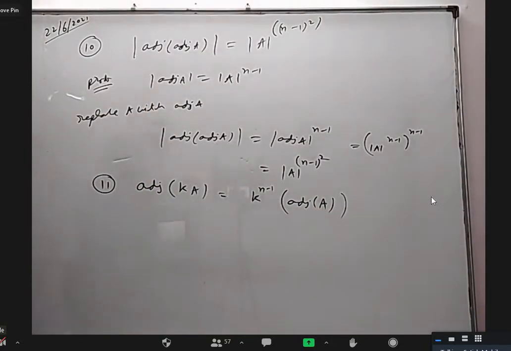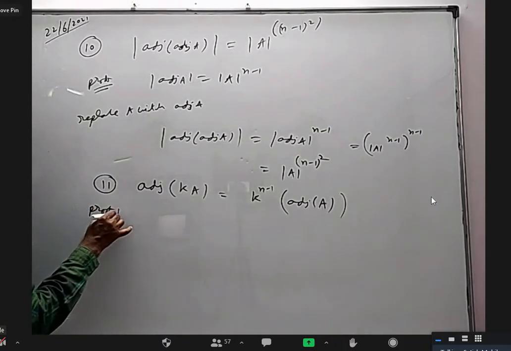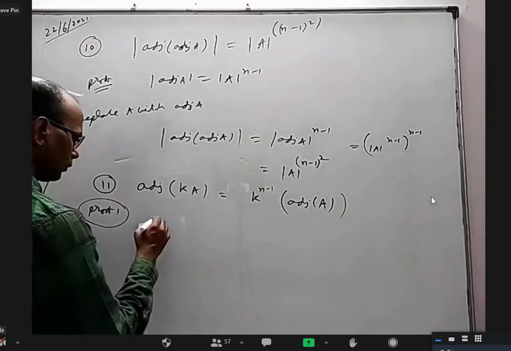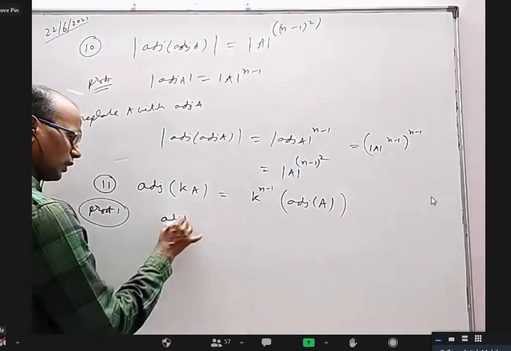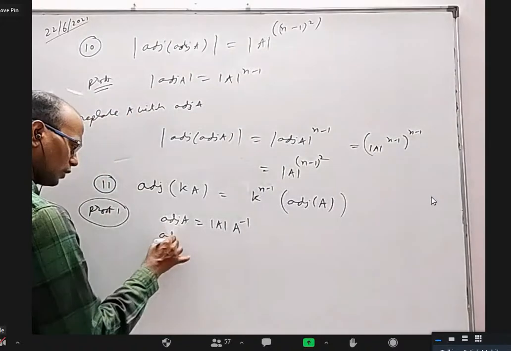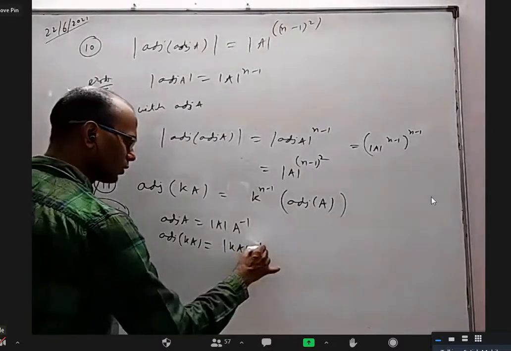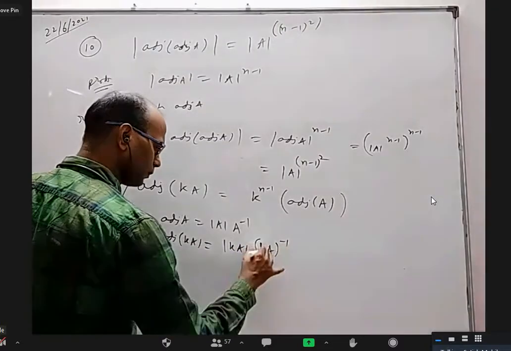The proof is quite obvious as you are answering. You know what happens when you try to find cofactors. I'll tell you two proofs for this. Proof 1: I know this formula, adjoint A equals det A into A inverse. So adjoint KA is det of KA into KA whole inverse.